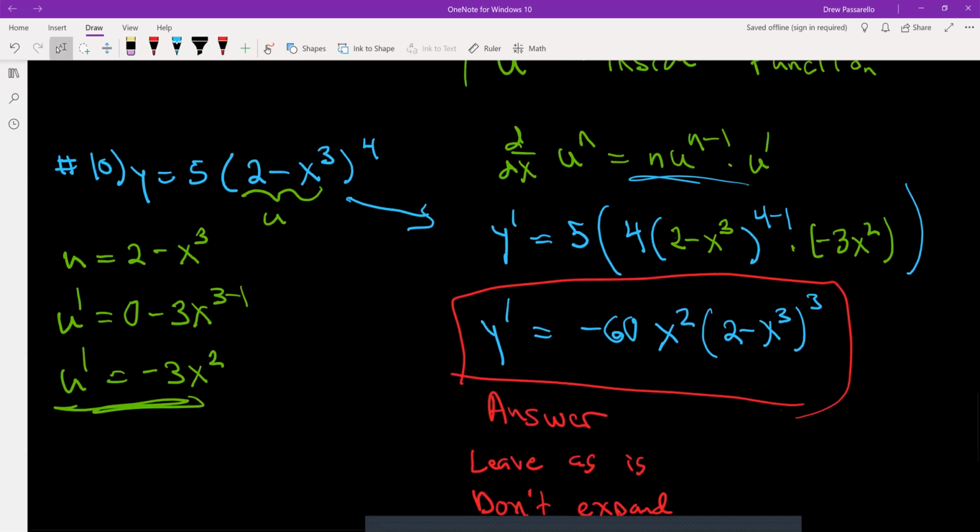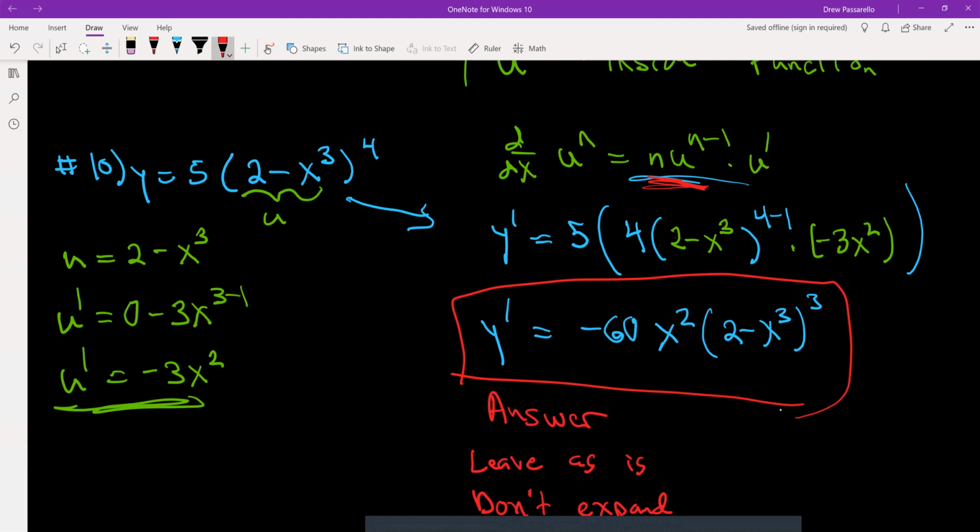Okay, so what happened was I applied this general power rule. I'm letting u be the 2 minus x cubed part. So I kind of ignored the 5 and factored that out, and then focused on the derivative of the 2 minus x cubed to the fourth power. So I dropped down the 4, so it'll be 4 times 2 minus x cubed to the 4 minus 1. That is the first part, n times u to the n minus 1. That's considered our derivative of the outside function.